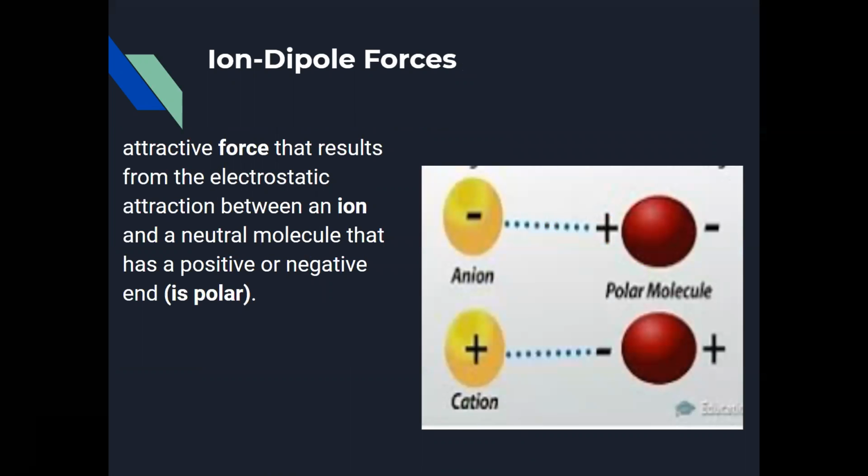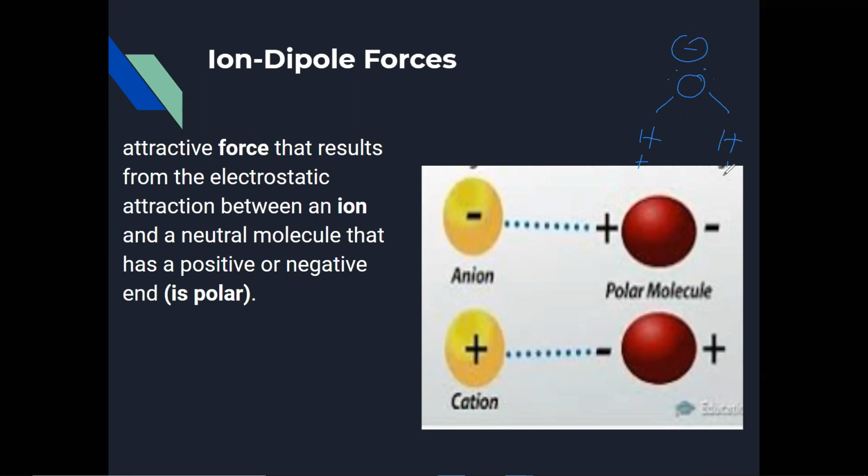Okay? The third type of intermolecular force is that ion-dipole force that I had mentioned earlier. And that's the attractive force that results from an attraction between an ion and a polar molecule that's neutral. So what I mean by that is, let's say that we had water again over here. That's that neutral polar molecule with its negative end and its positive ends.